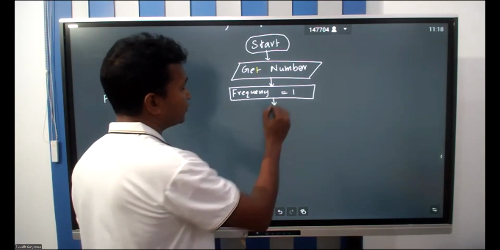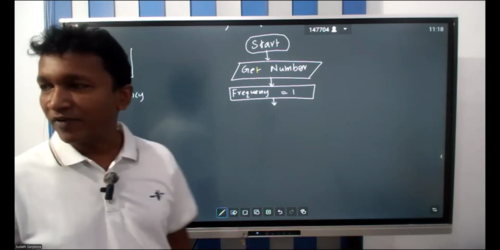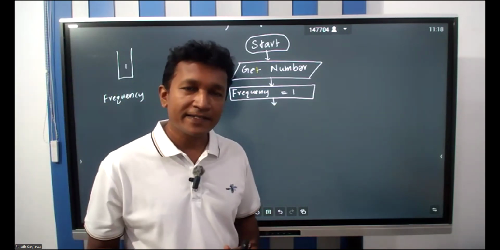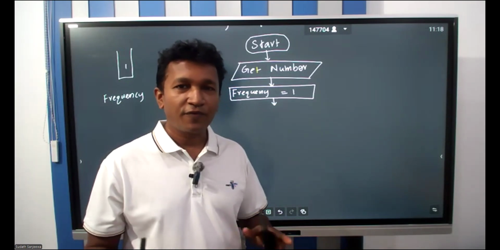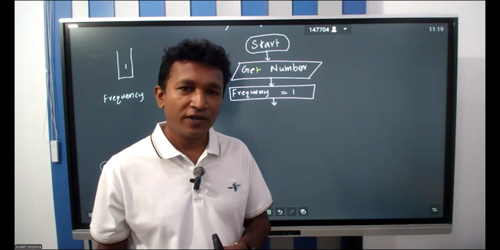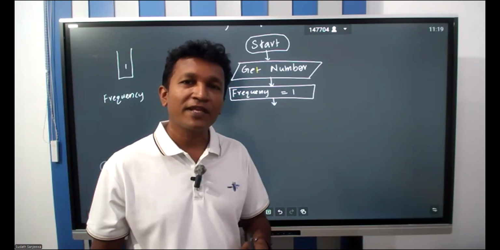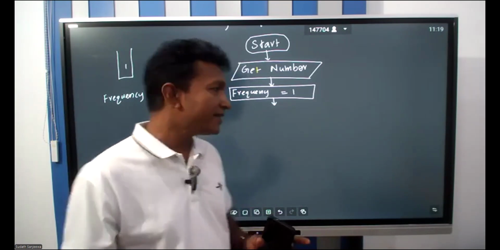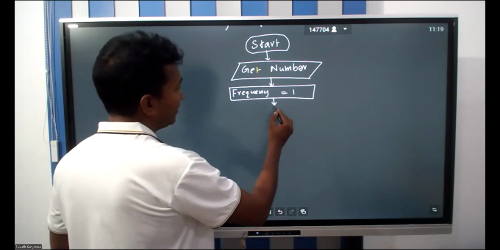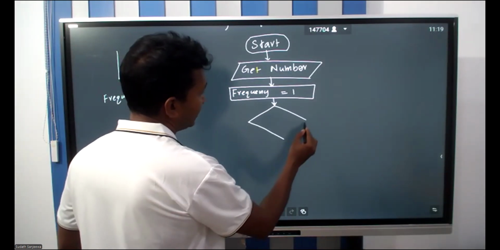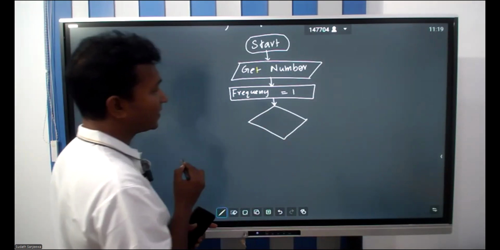Then what we need to do, right? Now we have to check the condition. Whether frequency reaches 12, until that we have to do something repeated, right? So therefore we have to check the condition. What is the condition? Here is our condition.